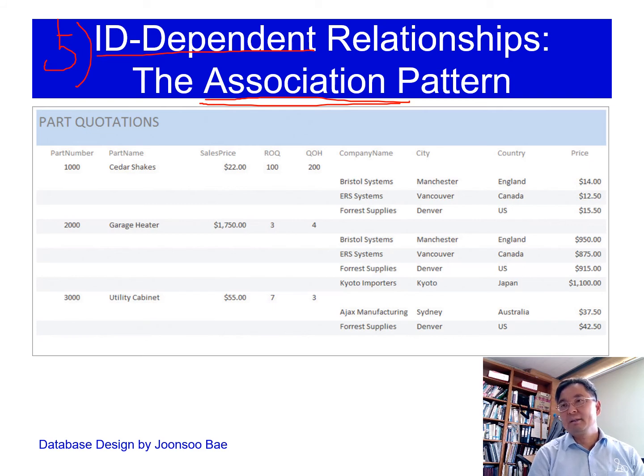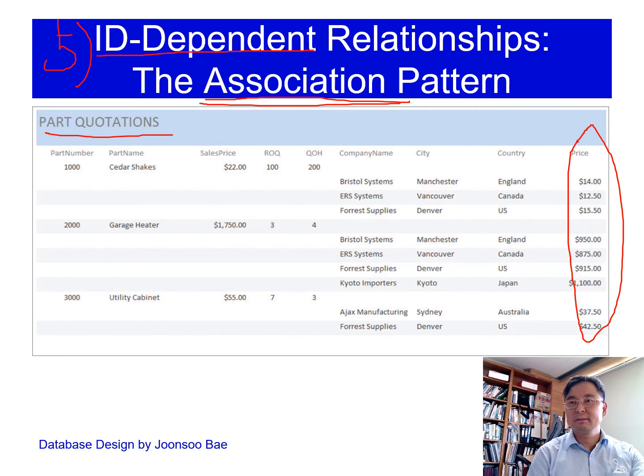Okay, this association pattern relationship may happen from this user interface. Part quotations. Quotation means the price suggested by a supplier company to our company. Okay, so this price column is added to the previous user interface.